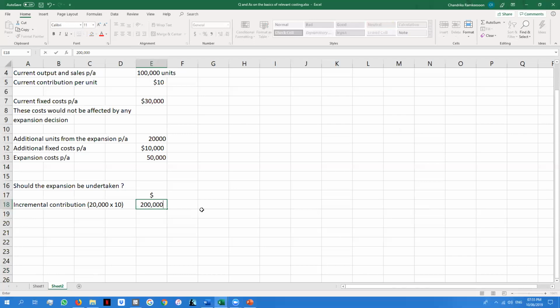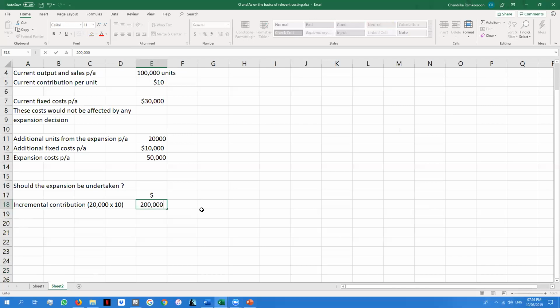There is no need to consider the current fixed costs, because we are assuming that the fixed costs at present, which may be rental costs at the factory, the existing factory space, 30,000 would still have to be paid. So there is no need to consider anything which will not change. That would really just cloud up the issue and make things a bit more difficult to understand. So we are only considering cash flows which are relevant. And this is exactly how you need to approach it in a question.